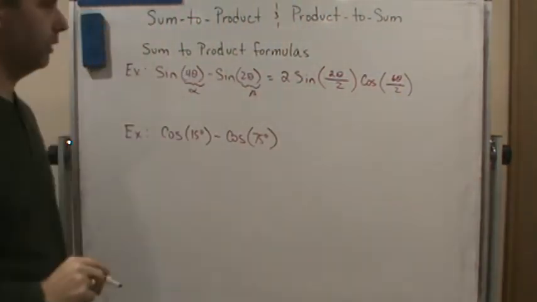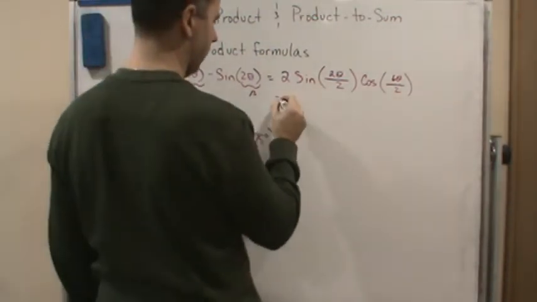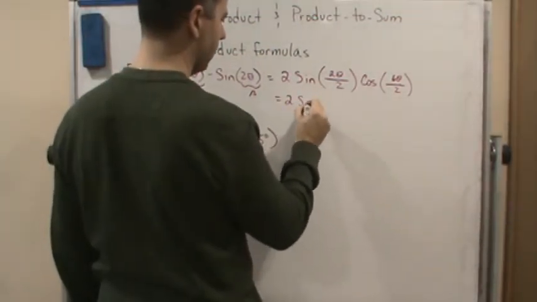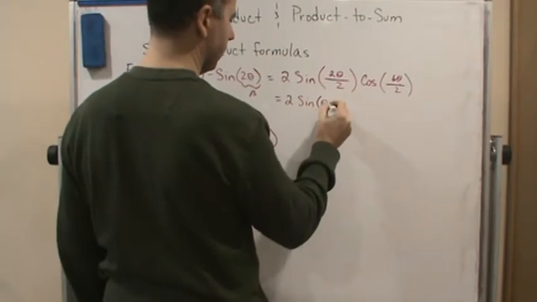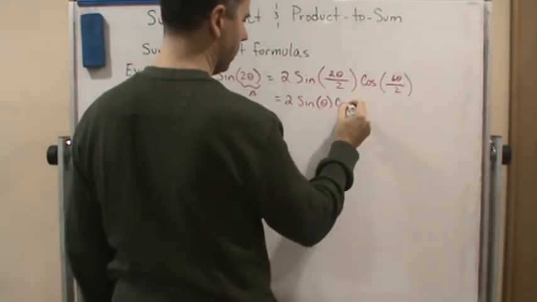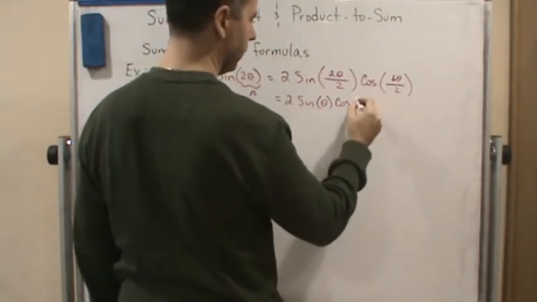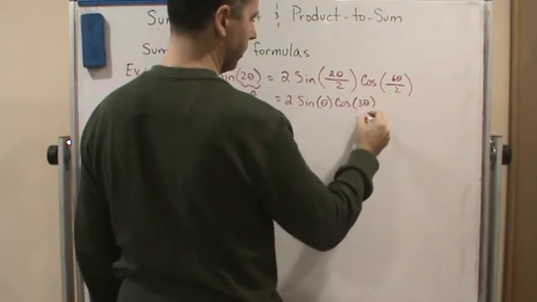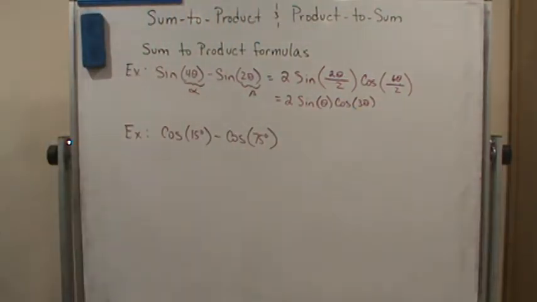Okay, now we just have to simplify this. So this is going to be 2 sine theta cosine 3 theta, and we're done. Okay, what about the second one?